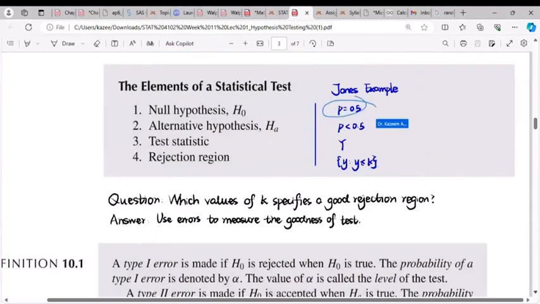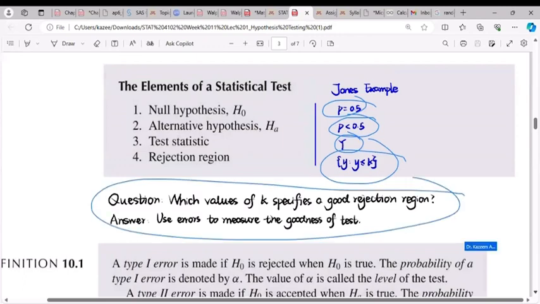The null hypothesis and the alternative are as stated. For this Jones question, the test statistic is actually Y. And of course, the rejection region is going to be Y less than or equal to K, where we need to figure out what K is going to be. That was why I said here, which values of K specify a good rejection region.